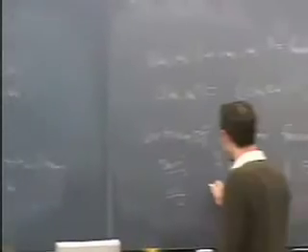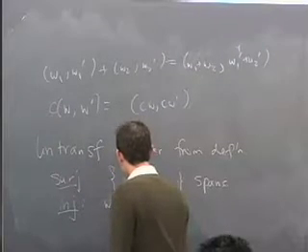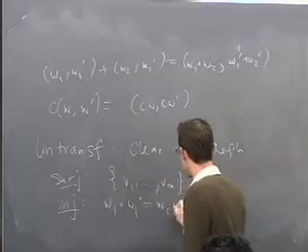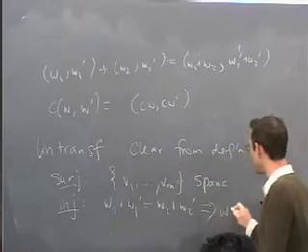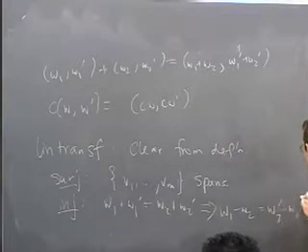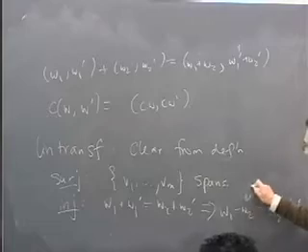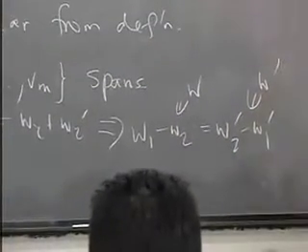Because suppose I have w1 plus w1 prime equaling w2 plus w2 prime. Well, this implies that w1 minus w2 is equal to w2 prime minus w1 prime. This thing is in W. This thing is in W prime.